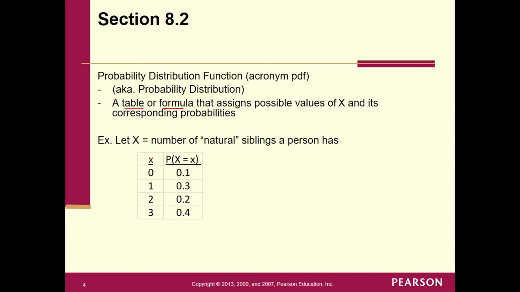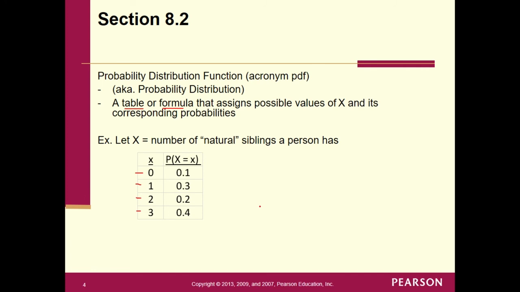Here I have a table, and here are the different values that X can assume. So 0, 1, 2, and 3. No one in the classroom had 4 siblings, okay? And here are the corresponding probabilities for each one of these. And so what this is telling us is that 0 shows up 10% of the time, 1 shows up 30% of the time, and so on and so forth.